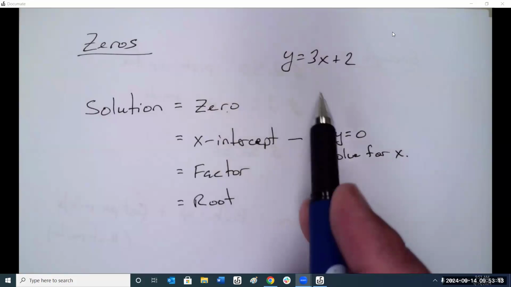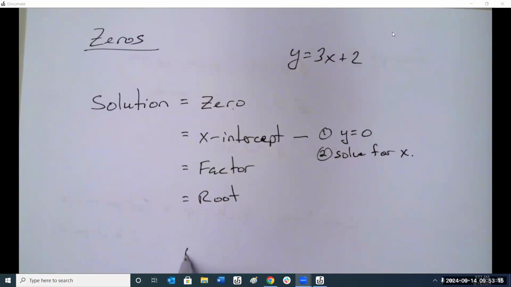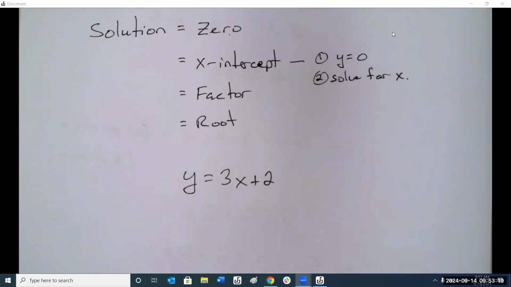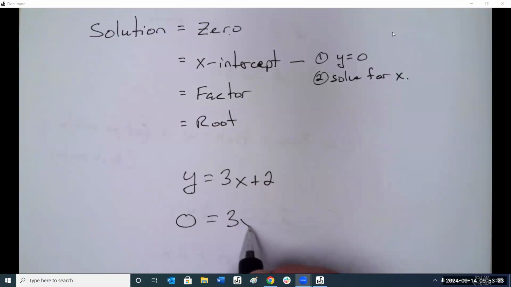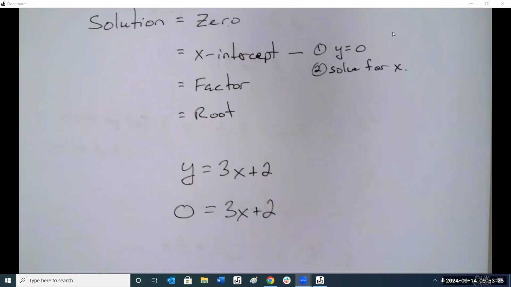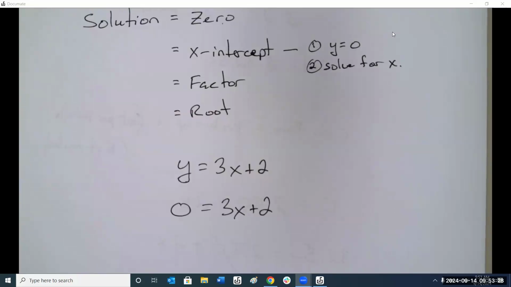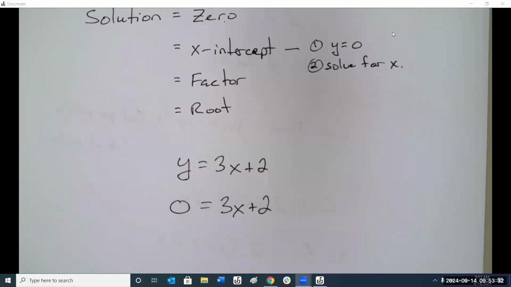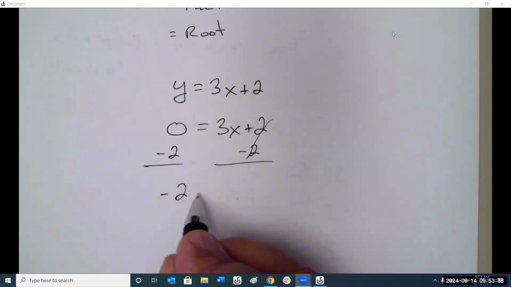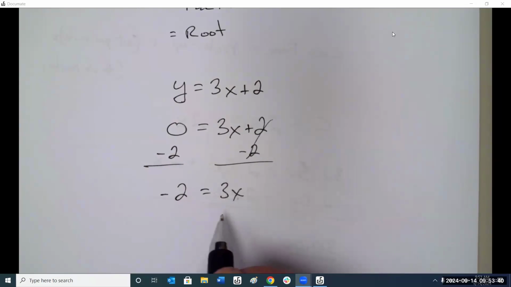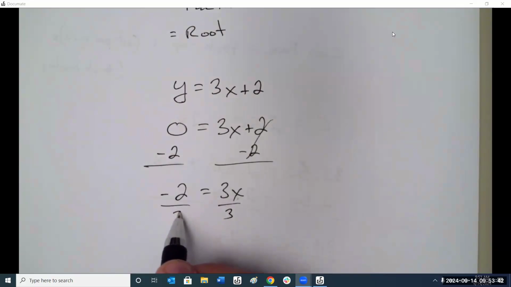So when we talk about zeros, what we're looking at here is: set your equation equal to 0, set the y equal to 0, and solve for x. Subtract 2 from both sides. That's negative 2 equals 3x, and divide by 3.